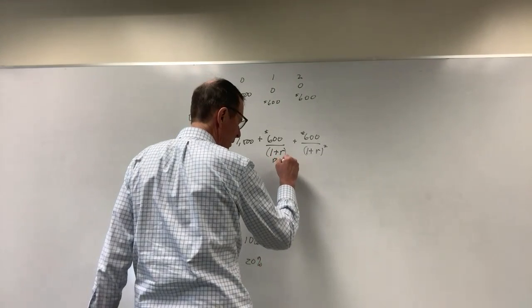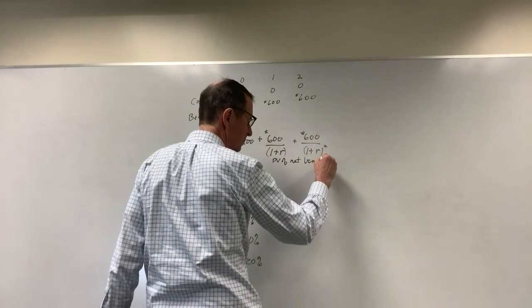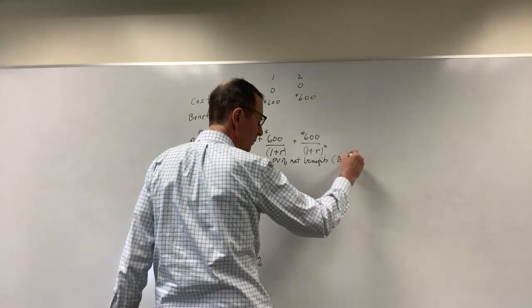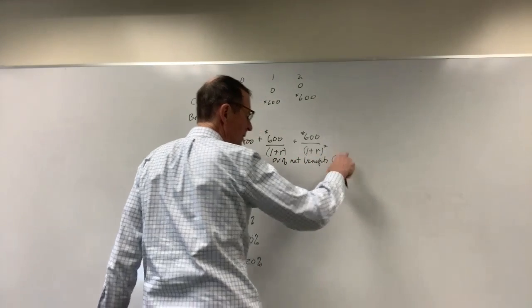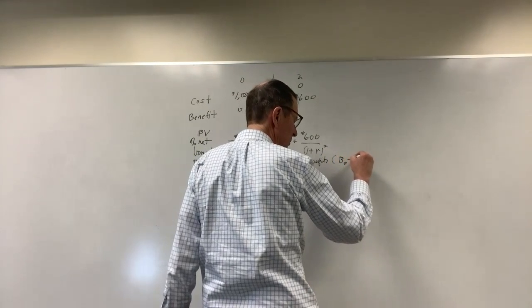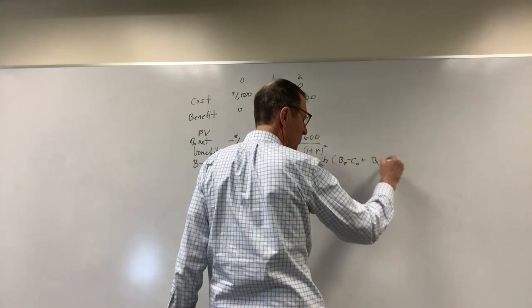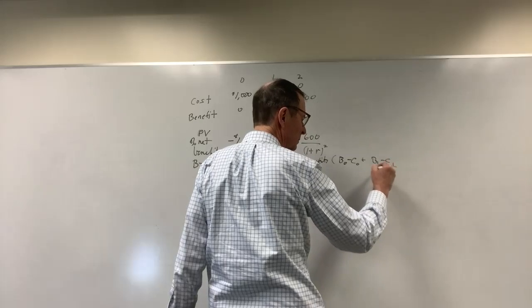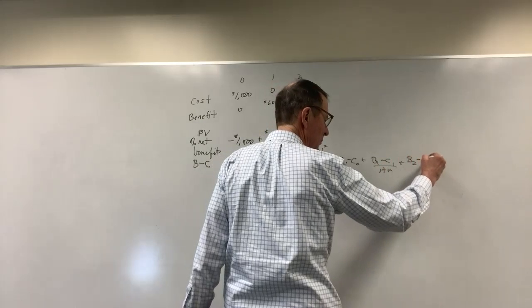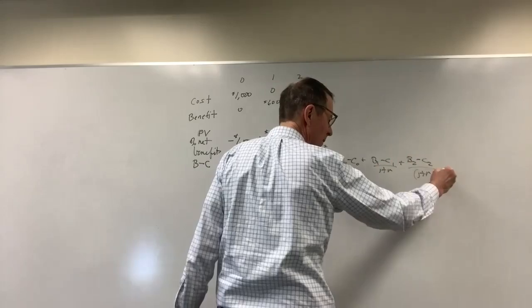The present value of net benefits is B0 minus C0 plus (B1 minus C1) discounted plus (B2 minus C2) discounted even more.